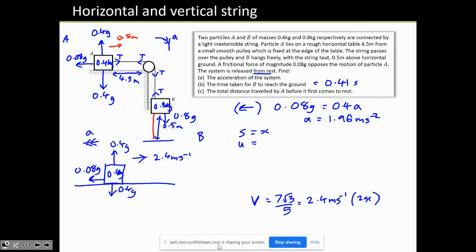And remember, it's in the other direction. We've taken left to be positive, so this is minus 2.4 meters per second. We know our final velocity is going to be 0 because we want the distance before it comes to rest. And our acceleration now is 1.96 meters per second squared to the left, so it's a positive value because we've taken left to be positive. And we don't know the time taken, and we're not really interested in it, so I'm just going to ignore that.